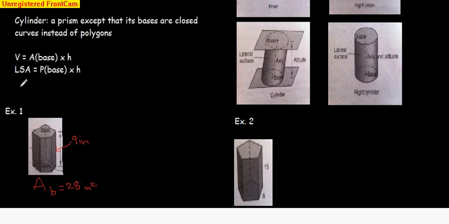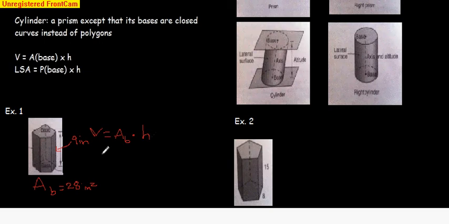If you look up here at our formula, the volume of either a cylinder or prism is the area of the base times the height. This one we're finding the volume. So the volume is equal to the area of the base times the height.